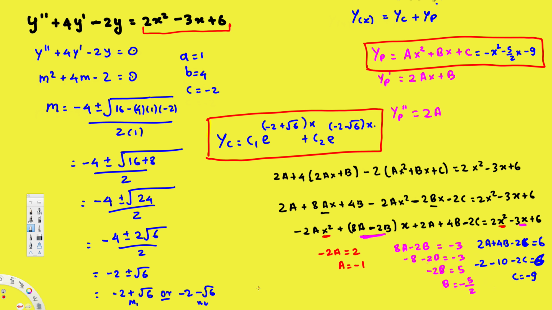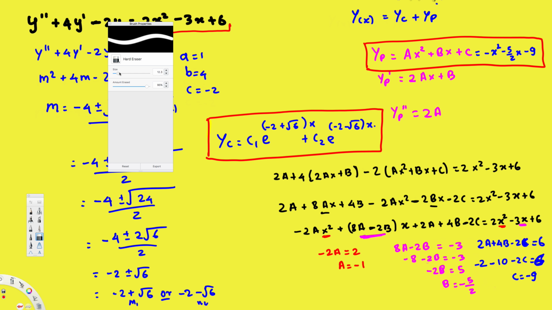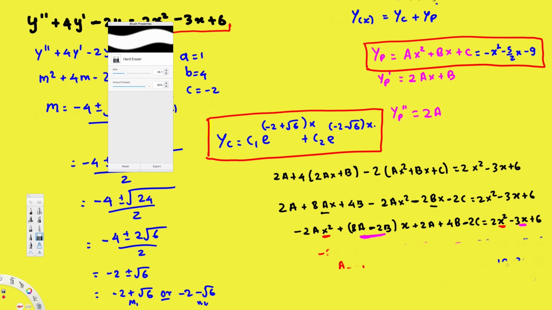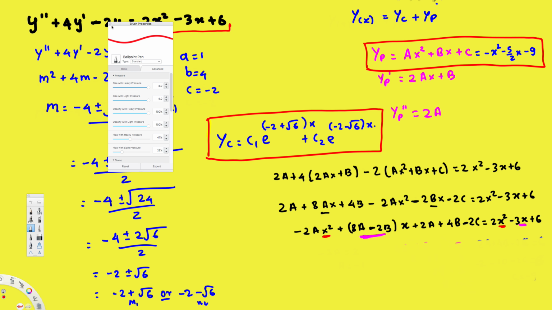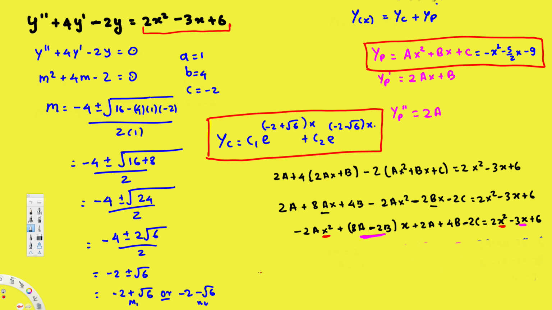Now let's write the general solution here. Before I do that, it's better to get rid of this so we can see it clearly. So the general solution of this differential equation is going to be yc plus yp.